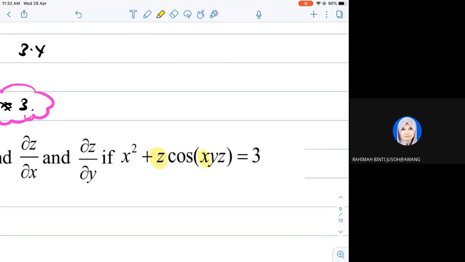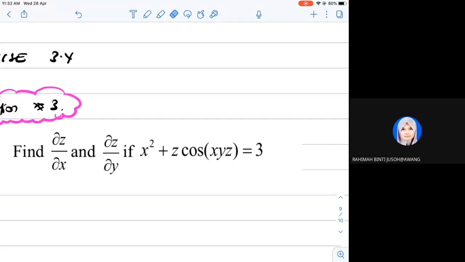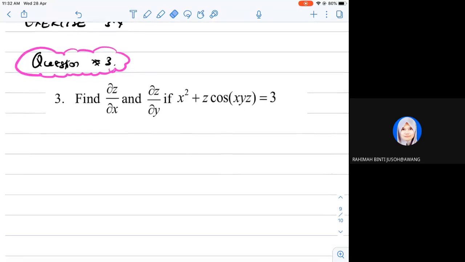Nak selesaikan Z dengan cos ni. Lepas tu dalam ni pun ada Z lagi. So maksudnya kalau you pakai first method tu, dia sedikit mencabar lah. Product rule inside product rule. Macam tu. Dah lah product rule, dalam tu product rule lagi. Okay, pening sikit lah. So let us solve this question using second method, guna formula.